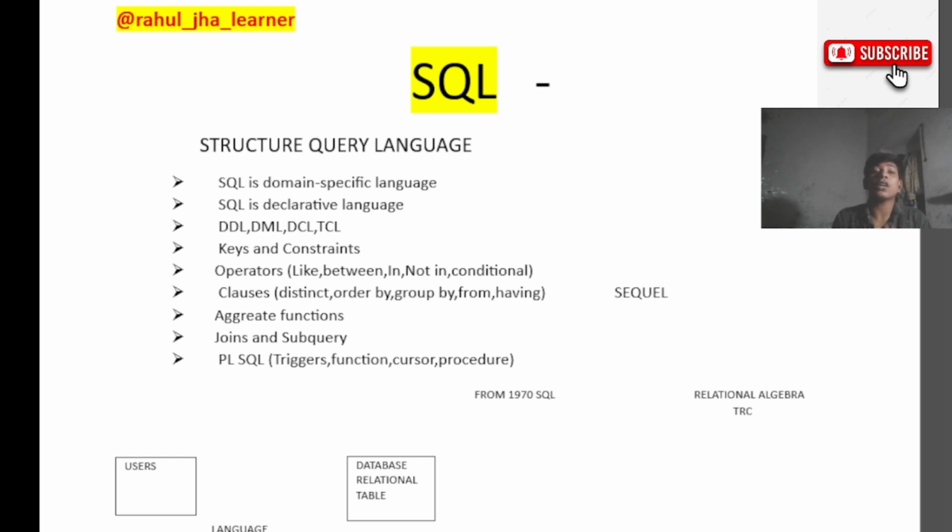But which language? Structured Query Language. And why structured only? Because structure means it has a fixed data model. Data model means whenever we store structured data, what do we use? A table, which we also call a relation.